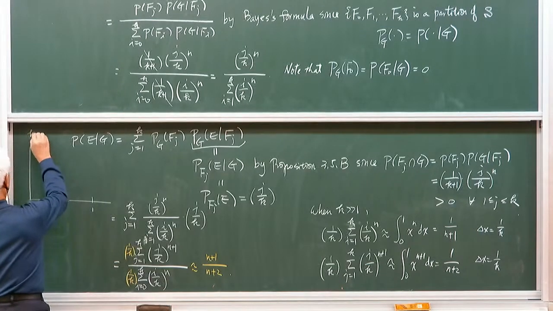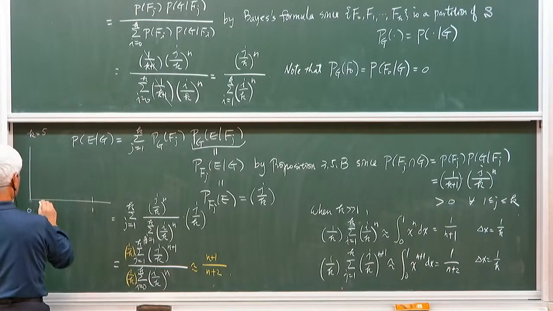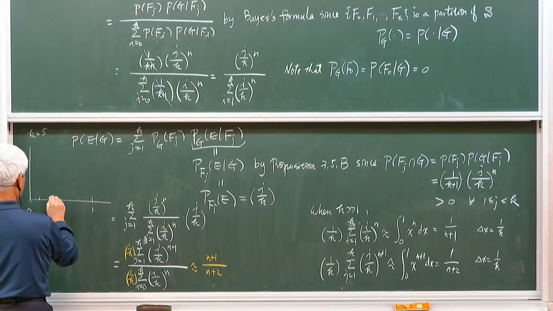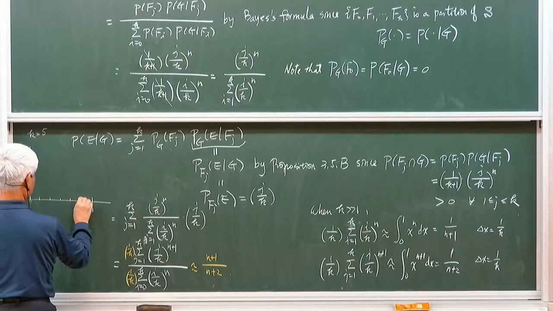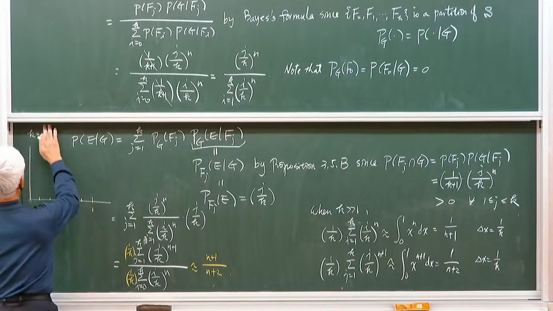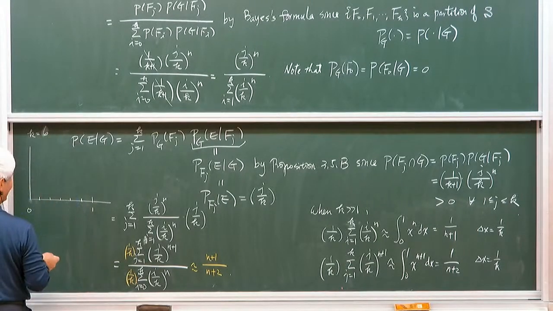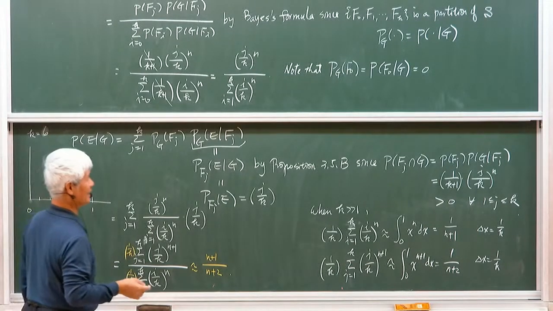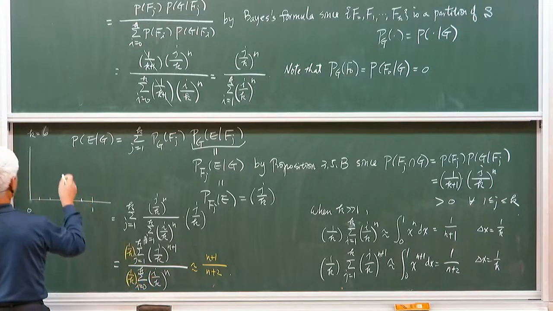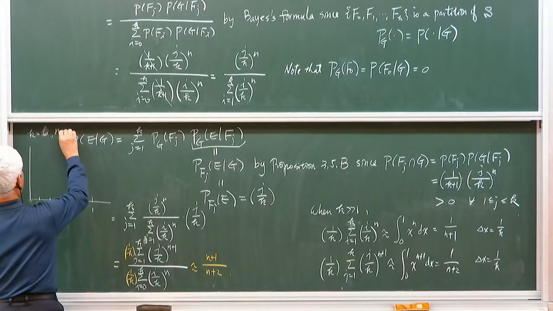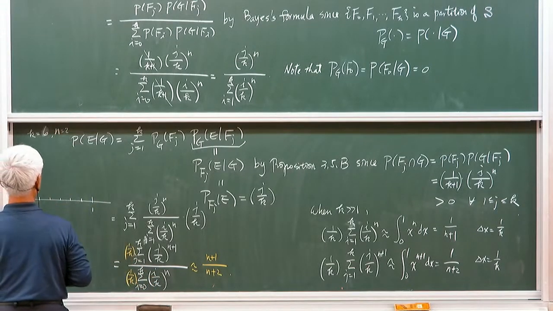Okay, for k equal to 5, 6, okay. Right. And suppose n equal to 2.